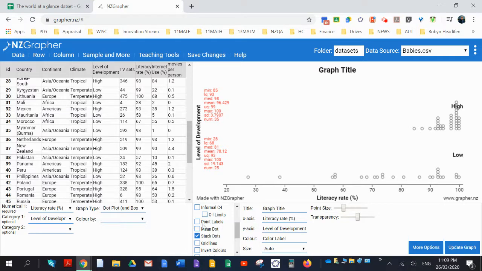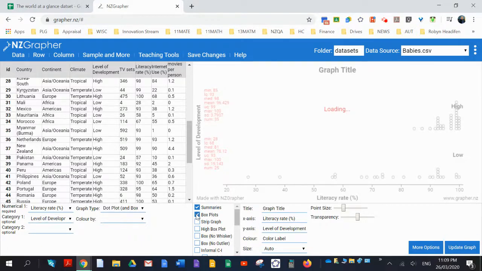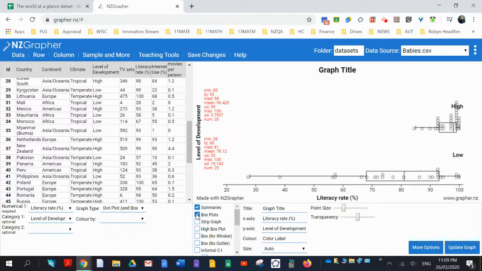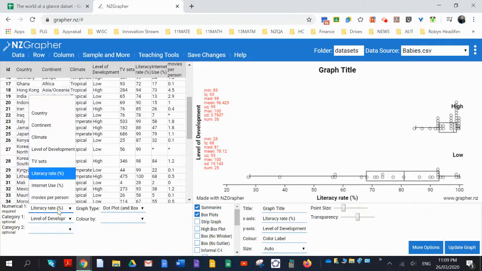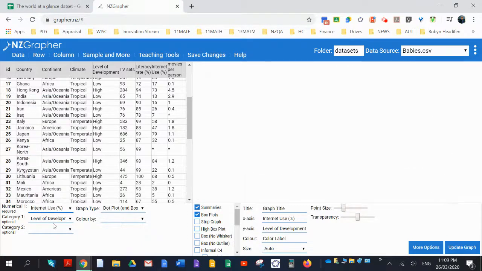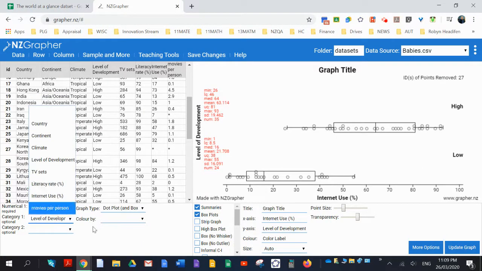And I'm looking for something where, remember, the medians are outside the middle 50%, because that's when I can make calls. Oh yeah, that's a massive difference, you can see. So I could pose a question on this. I could also pose a question based on internet usage and also look at levels of development.